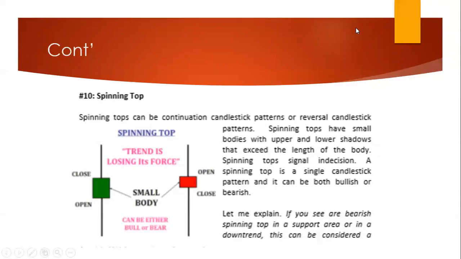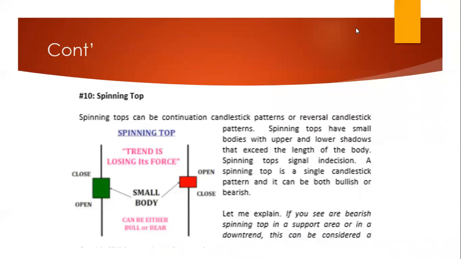The spinning top is something very similar to the doji, and you could look for them in bullish or bearish trends. All this signals is, let's say you're in a bullish trend and you see a spinning top. It signals that bulls are actually starting to lose control of that trend, right?